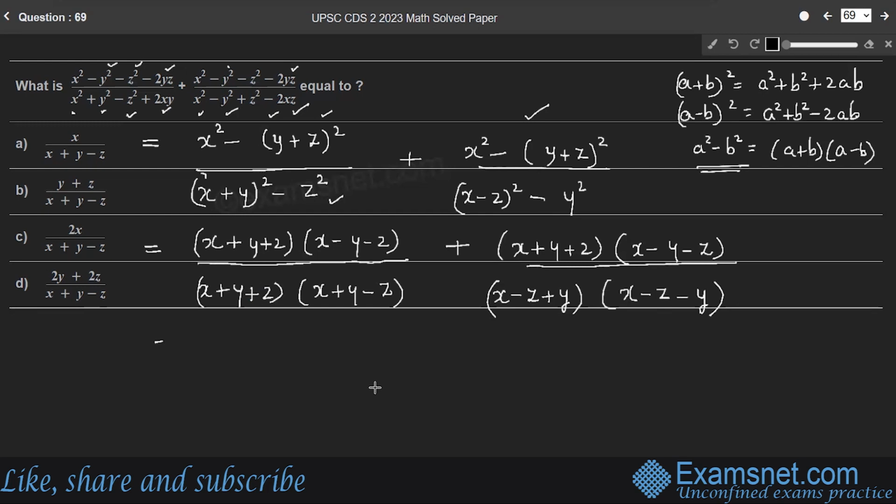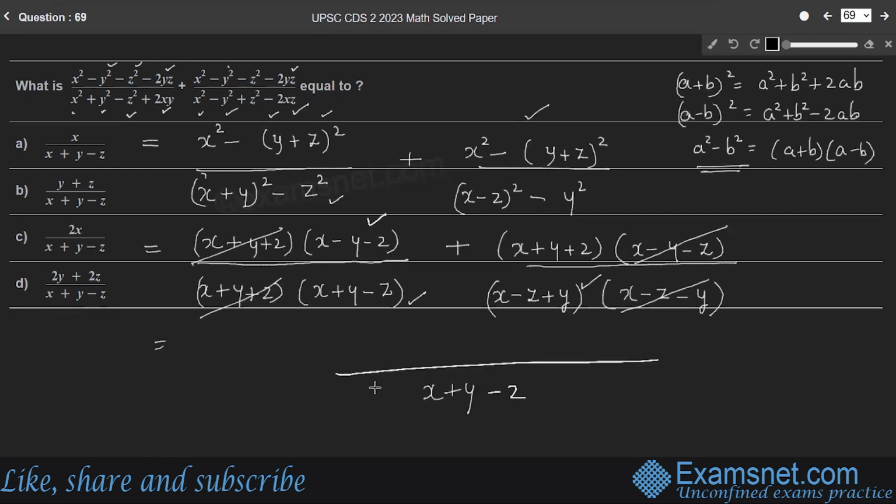Now in the first term we can cancel x plus y plus z and x plus y plus z. In the second term, x minus y minus z and x minus z minus y are both the same, so we can cancel. Therefore, we have in the denominator x plus y minus z as common. We'll take it as the LCM, x plus y minus z, and the numerator becomes, just add the numerators.